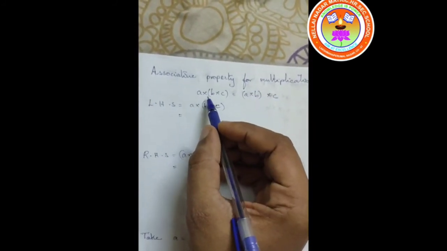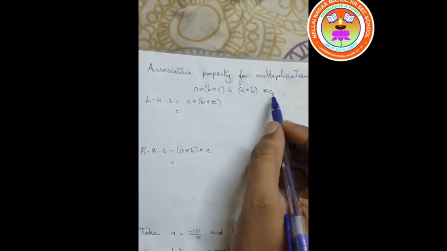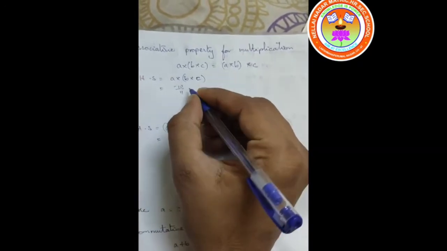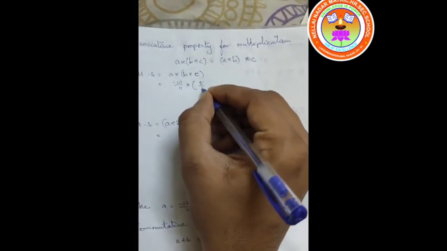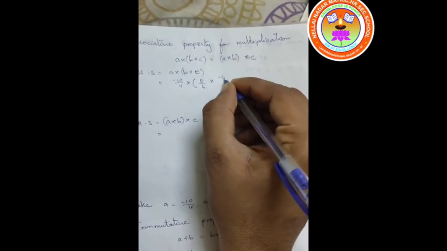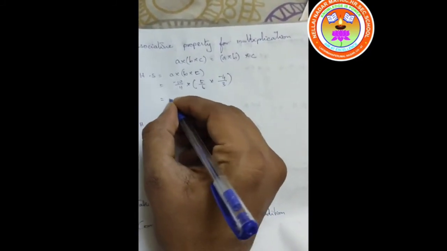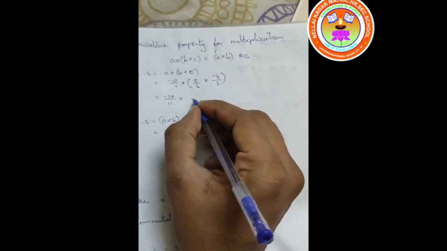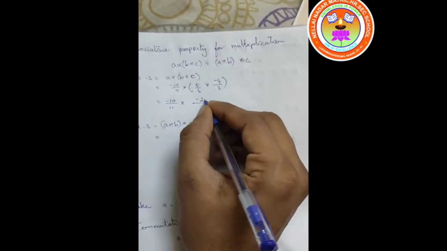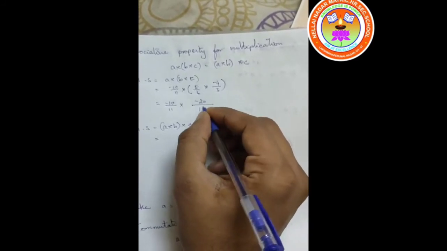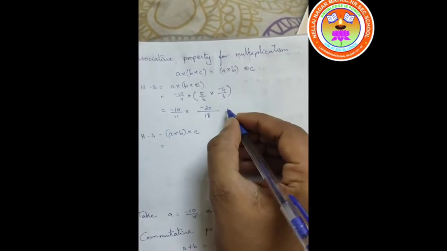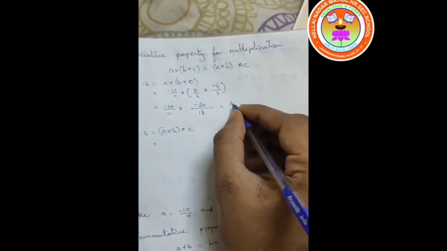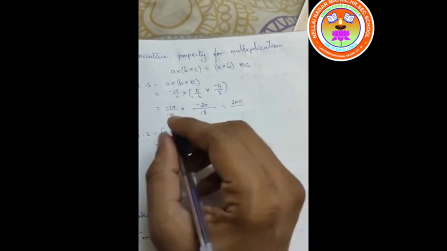That is (a into b) into c equal to a into (b into c). What is a? Minus 10 by 11 into 5 by 6 into minus 4 by 3. First you multiply this bracket. 5 4s are minus 20, 6 3s are 18. Now again if you multiply minus 10, 20 into 10, 200 by 18.